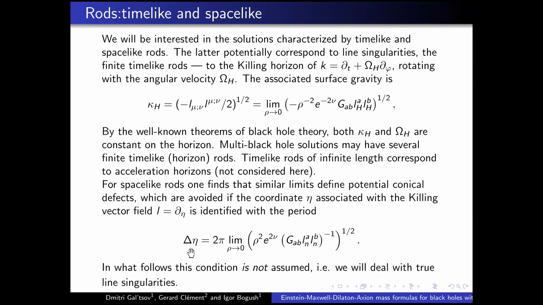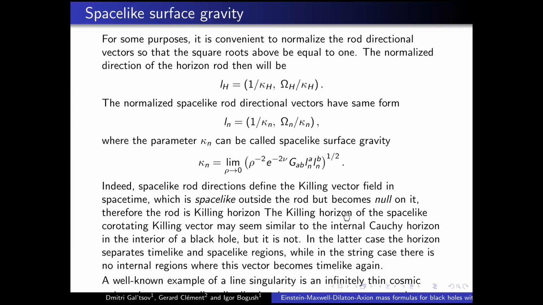If you have space-like rods, it is not a horizon, it is a singularity, it is just the strings, Misner, Dirac or struts. And to avoid conical singularity, or the mass will be 0, if you can identify this, it is another story, whether you can exclude this, but in general case you cannot.